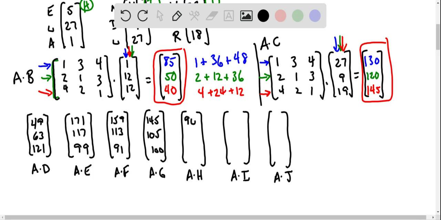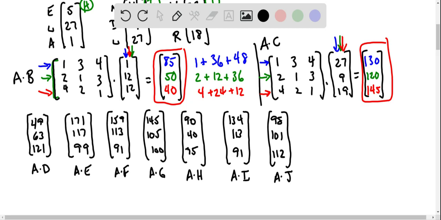AH, 90, 40, 75. AI, 134, 113, and 91. And AJ, 98, 101, and 112. So those 9 matrices, 27 numbers in all, is my encoded message. All is fair in love and war.